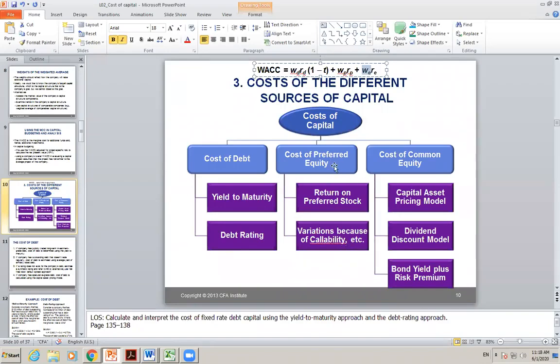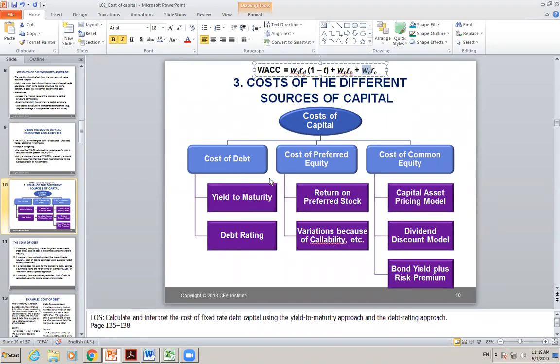Sometimes we have callable preferred stock, which is why it might change. It's a bit tricky here. And the cost of common equity uses three methods of estimating the cost of equity. The weighted average is easy to estimate. I will show you how to do it in three ways.